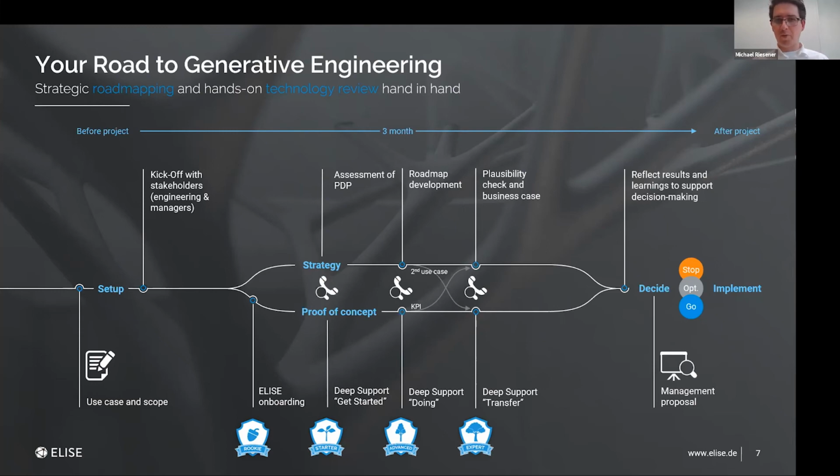So we start with an as-is analysis of the PDP as it is now. You've seen some of the examples earlier from Moritz, how development, how calculations are done today. Then we will afterwards develop, based on experiences that we had in other companies, also from our setup, how a roadmap could be developed in your company, in your specific use case.